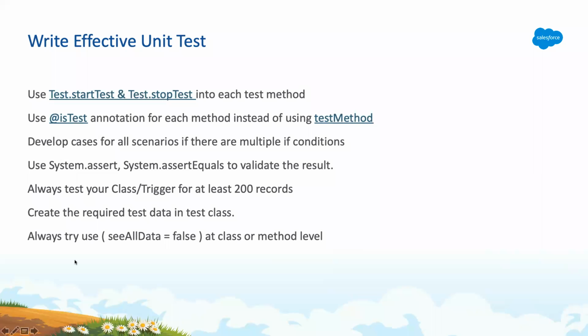So always try to use SeeAllData false, which actually you need not mention as it is set by default. If you are using SeeAllData through annotation, try to use it at method level. Then it will at least reduce some execution time and resource usage.